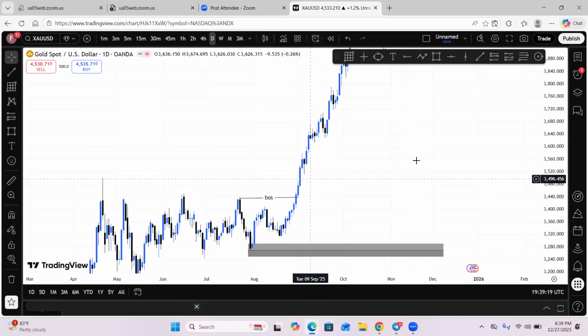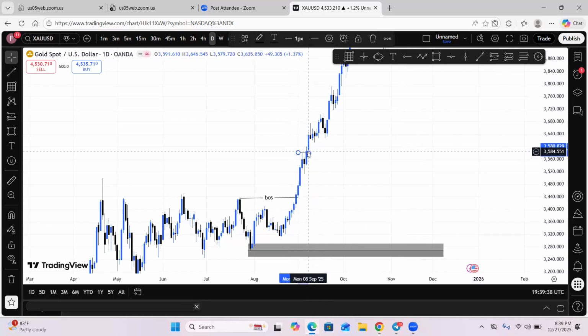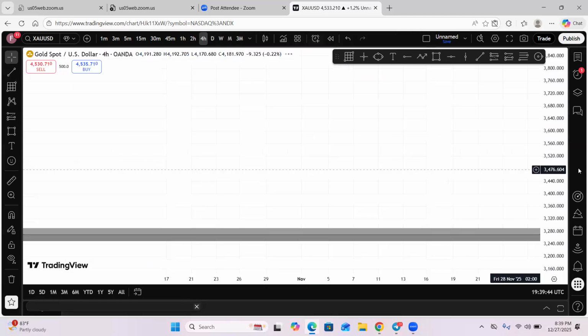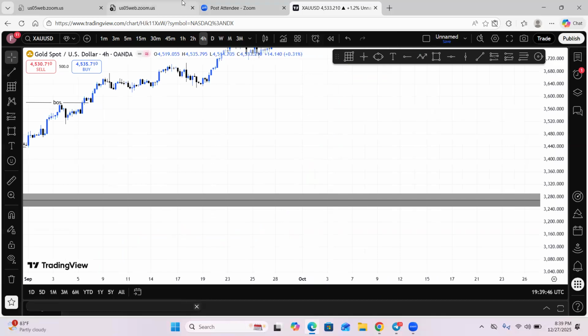After this break of structure, price kept moving up. Then we see a small pullback. After this pullback, it went back up again, clearing this level, creating for us a tiny break of structure. Let's go down to a lower time frame so you guys can see it.